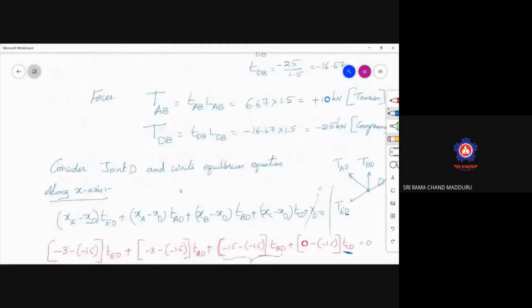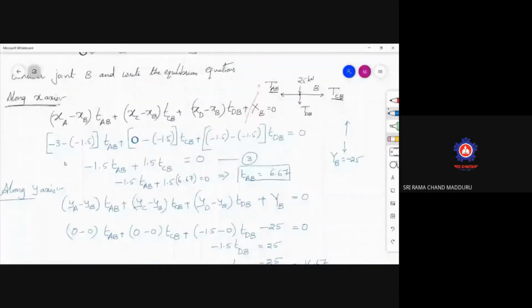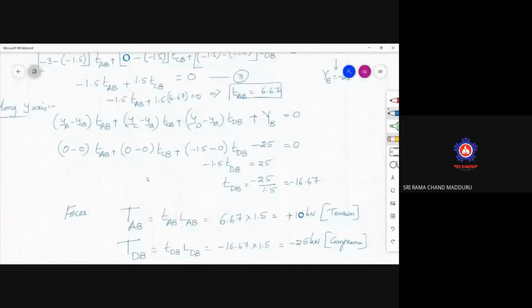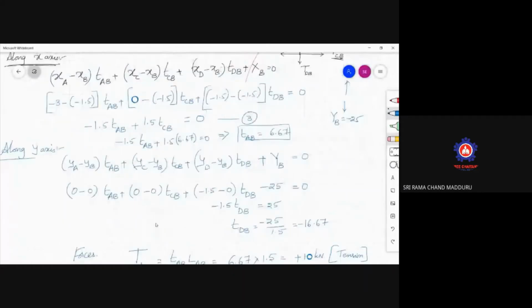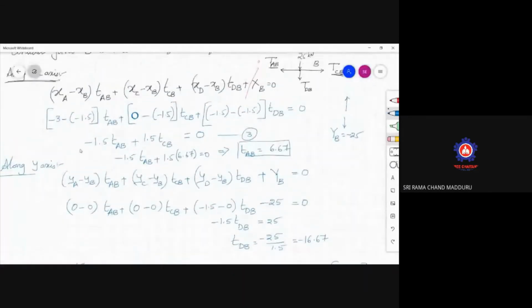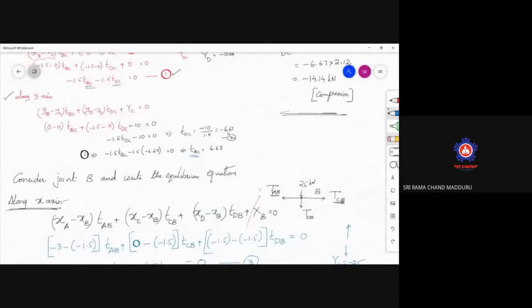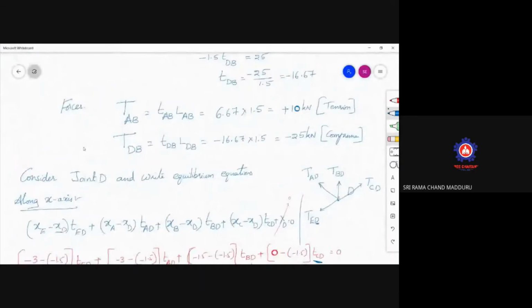That is the tension coefficient of CD. Did we calculate it in the previous step? Just go to the previous steps. We already got the value of TDC, minus 6.67. TDC or TCD, both are the same. So that is minus 6.67.